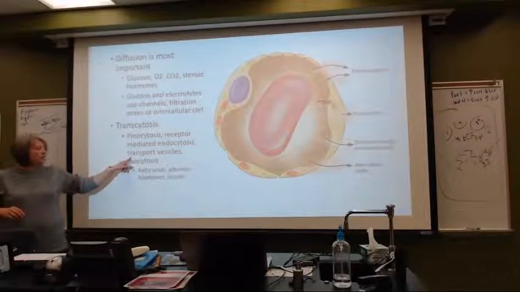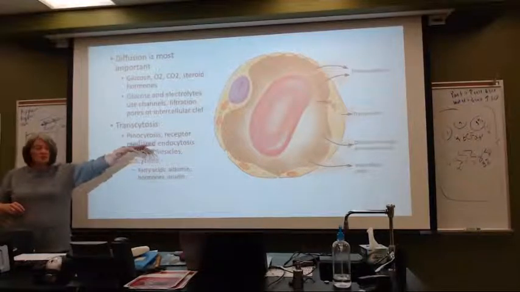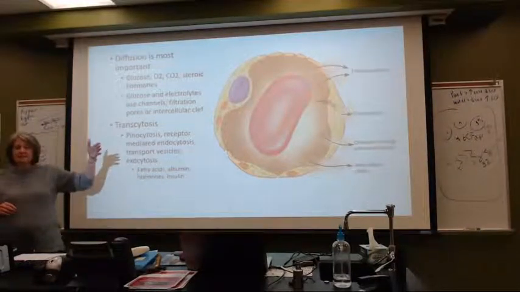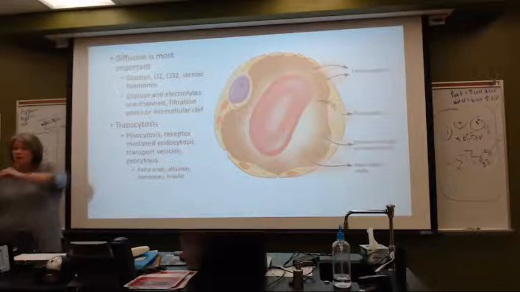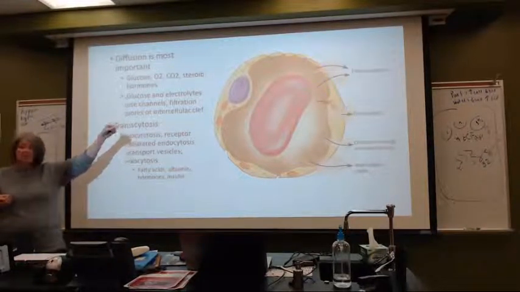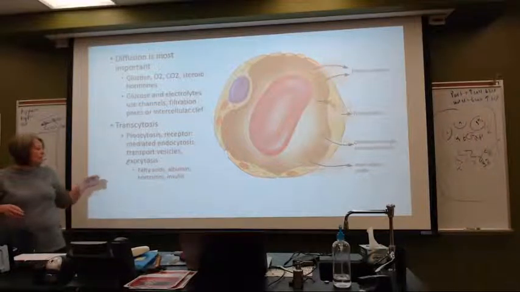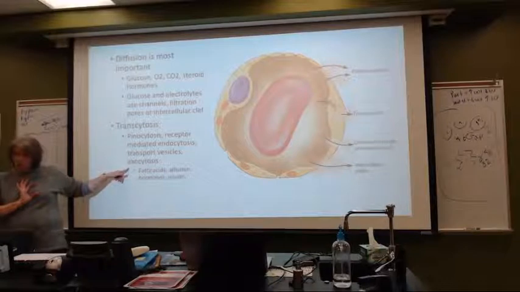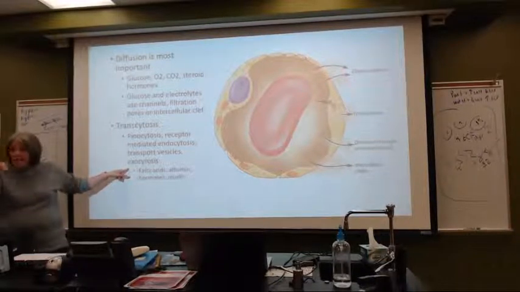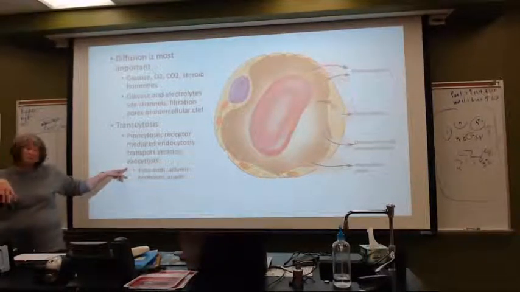We have transport vesicles that can actually exist in the cell and help move a particle from one side of it to the next. These are just ways that we have the movement. Exocytosis, this is how some cells will get a particle out of itself.